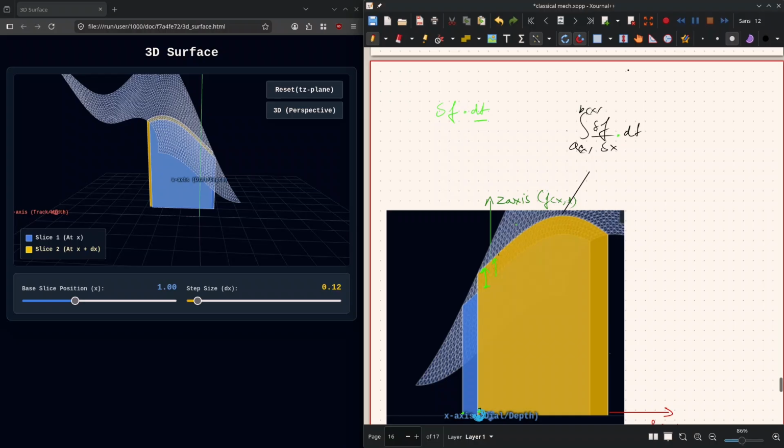Let's split. We are sweeping along the t-axis, right? When integrating with respect to t, we are sweeping along the t-axis multiplied by some value. That's what integration means. So let's first split our axis into small dt's.